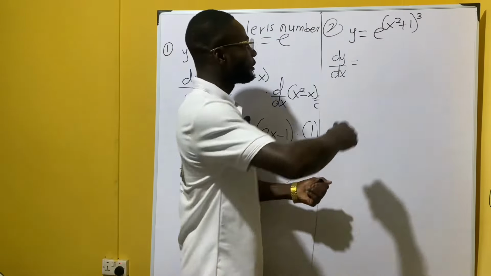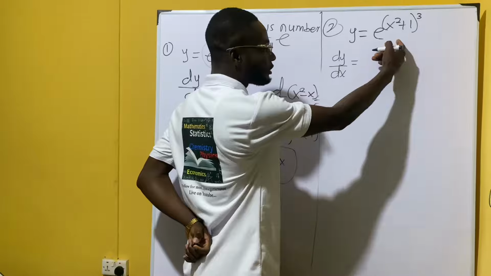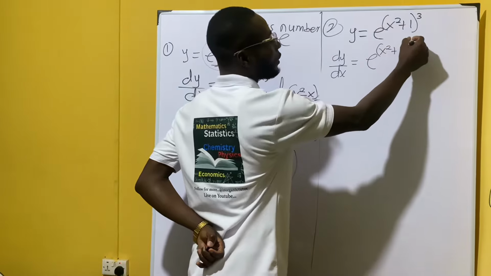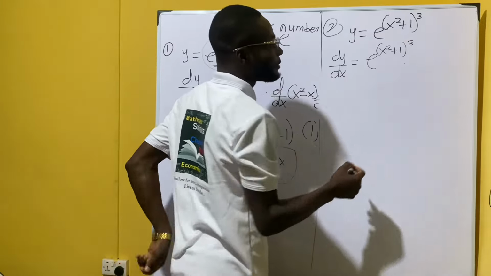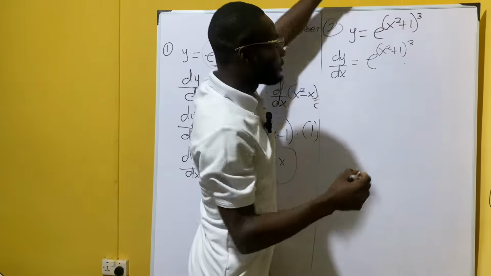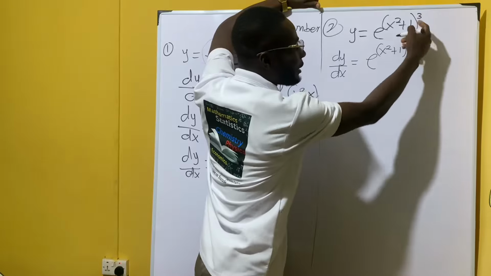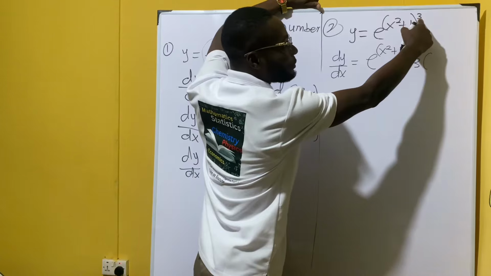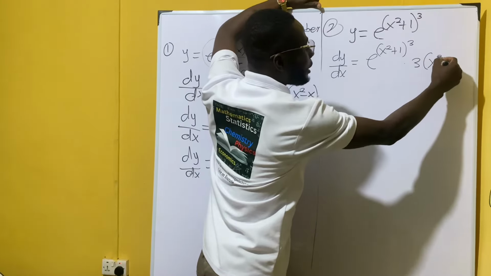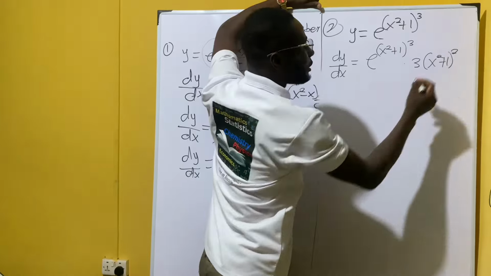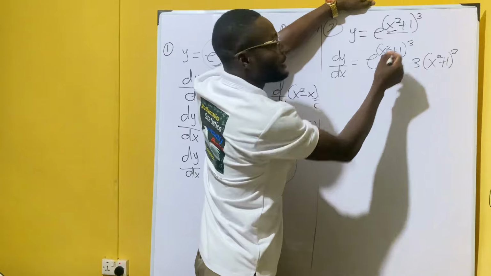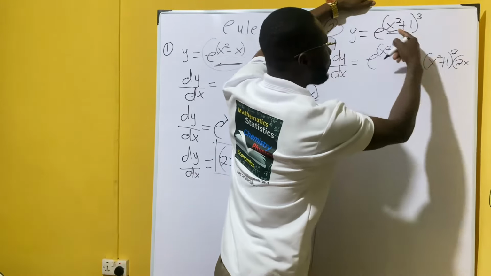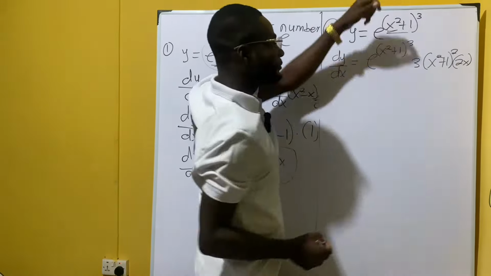Here we maintain the function, we have e power x squared plus 1 all cube, times, when you differentiate this, you bring the 3 down, then you take 1 from the exponent, so we have x squared plus 1 all squared. Then we differentiate the inside, so we have 2x. Of course, the 1 will be 0, so we have 2x here.